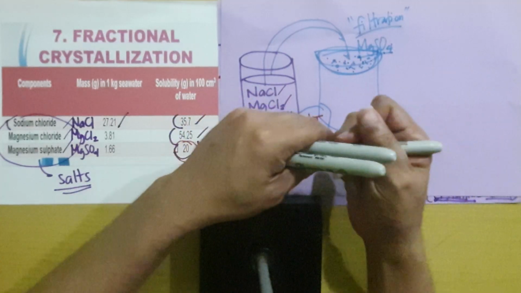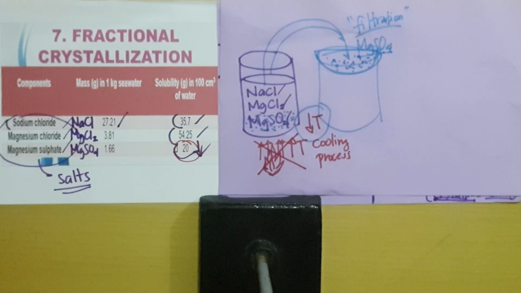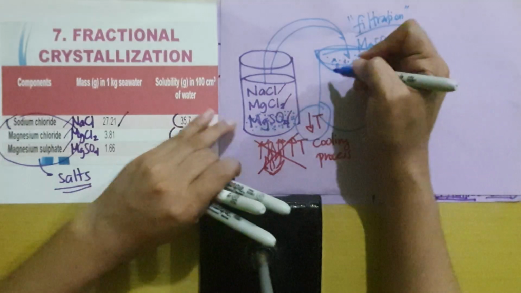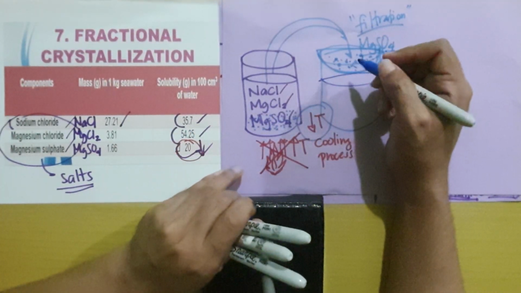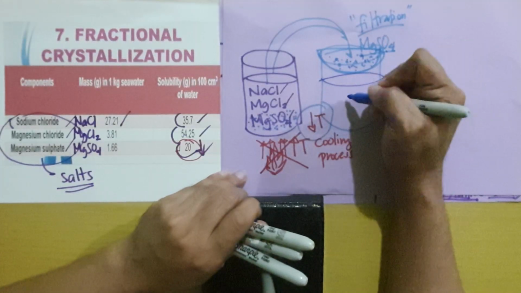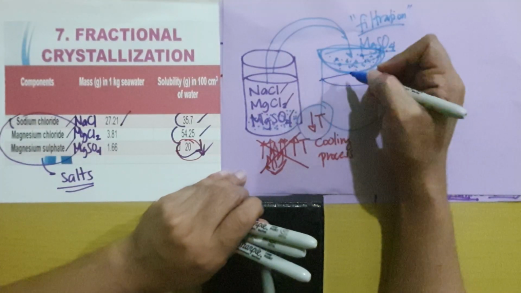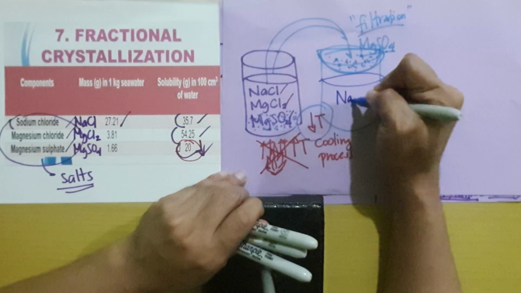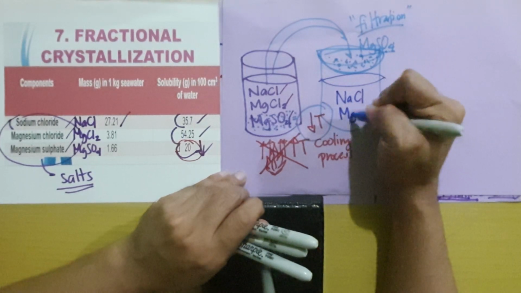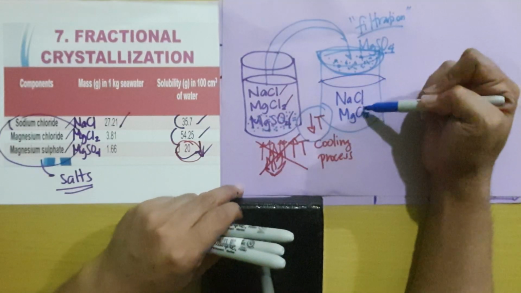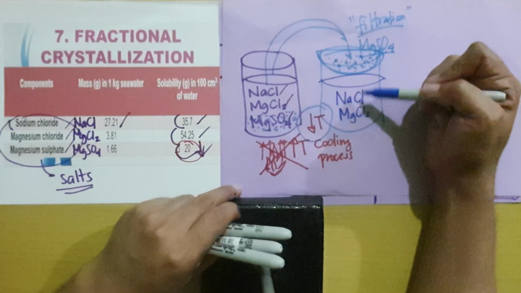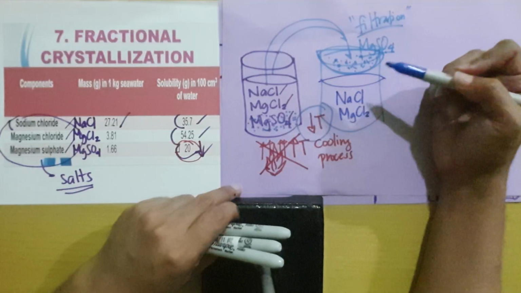So therefore, what will be the remaining salts in this solution? The remaining salts that will be present in this solution will be sodium chloride and magnesium chloride. So again, at this point, we have the other two remaining salts in the solution.